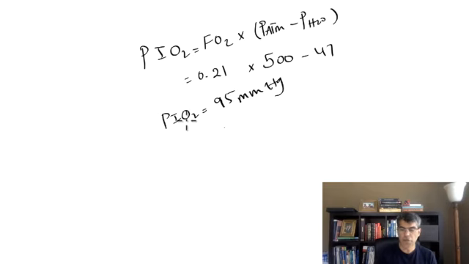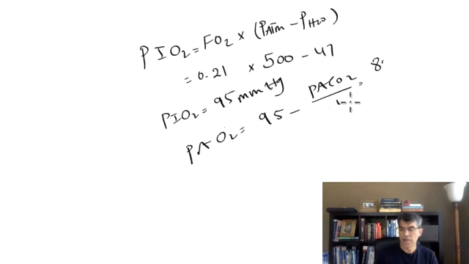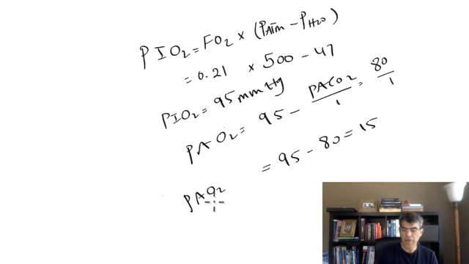And if my PiO2 is 95, then my PaO2 would be 95 minus PaCO2 divided by R, which is 1. In the example, they said PaCO2 is 80. So it's going to be 95 minus 80, which is 15. The PaO2 would be very low.